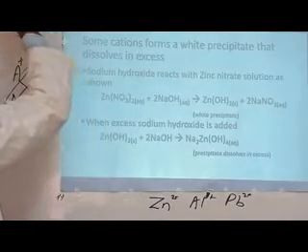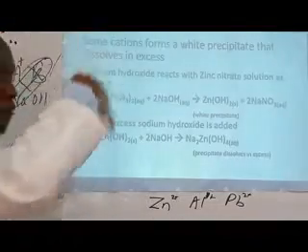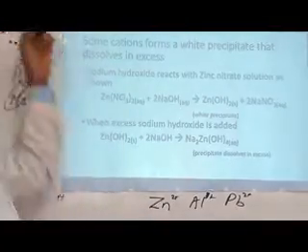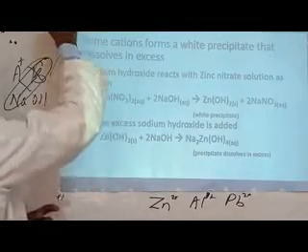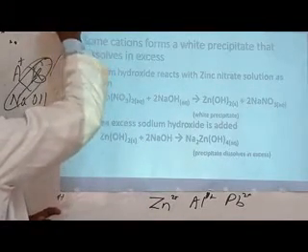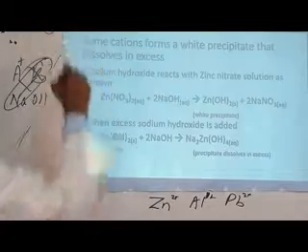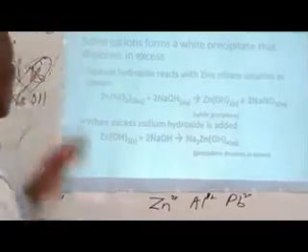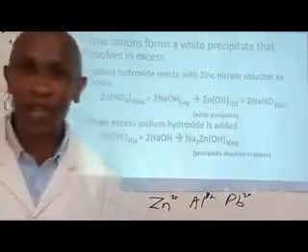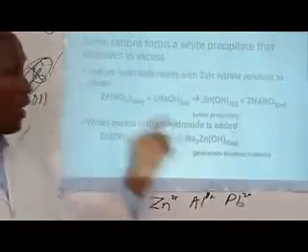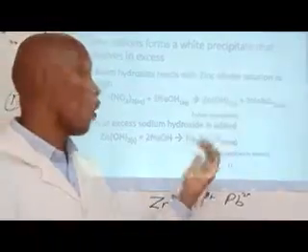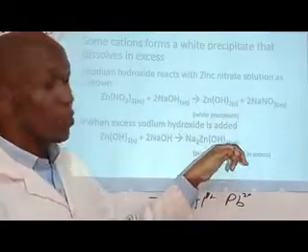Maybe the zinc, having lost the outermost electrons, has 8 electrons in the inner energy level, so it will form a coordinate bond with the hydroxide. Now that it has 4 pairs of electrons, we could say that it's going to coordinate with 4 hydroxides. So it forms coordinate bonds with 4 hydroxides. So we call this a tetrahydroxozincate.